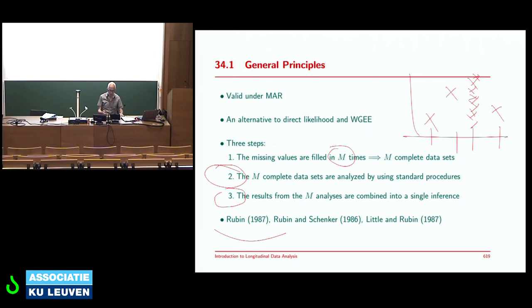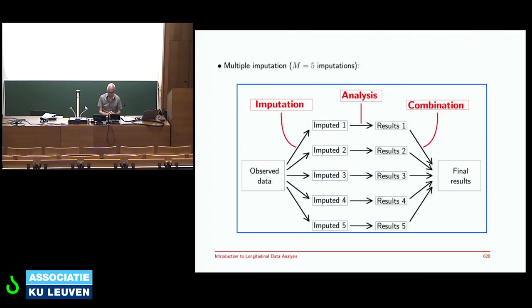But the thing is, and there is actually mathematical evidence for that, m doesn't need to be 100 or 1,000 in most applications, because the convergence to the maximal information you can extract from the data is very quick. Yes, going from 2 to 3 imputations can be an important gain of precision. But no, going from 12 to 13, you don't see that anymore. So it really plateaus relatively quickly.